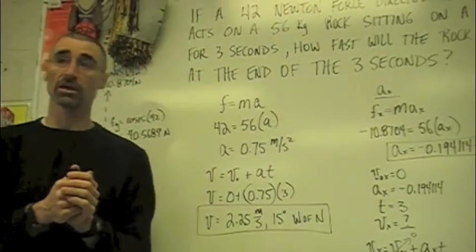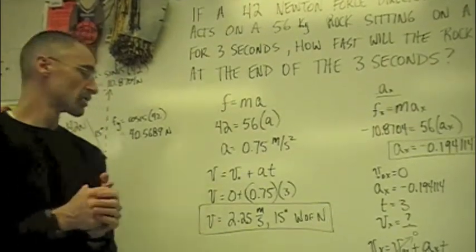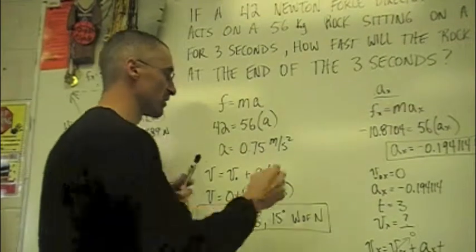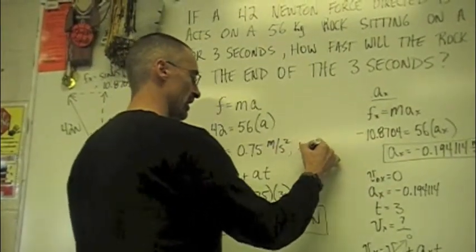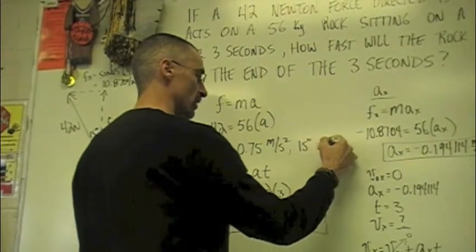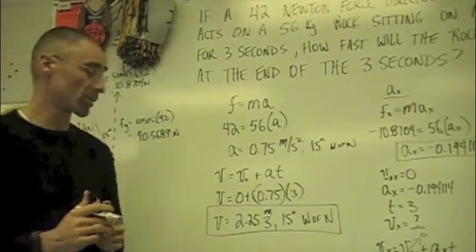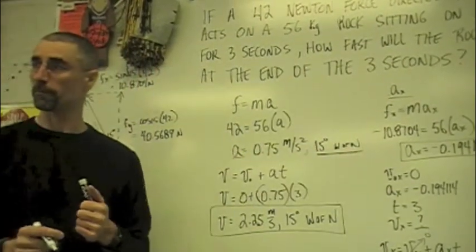Well, the rock's going to accelerate in the direction that you're pushing the rock. Okay. So quite simply, if we wanted to do its acceleration, we could say that acceleration is happening in a direction 15 degrees west of north, right? Acceleration is a vector quantity, so including the direction is pretty important. Okay?